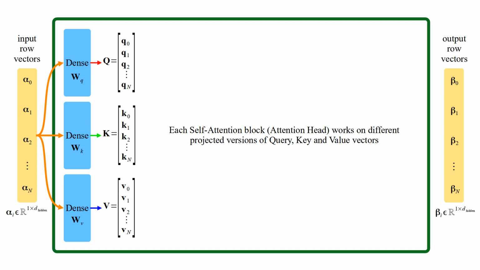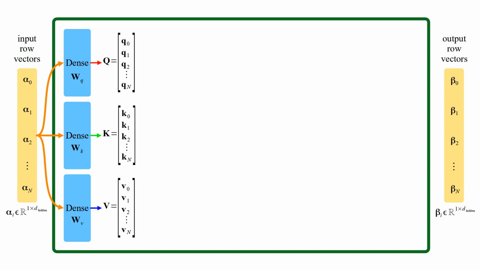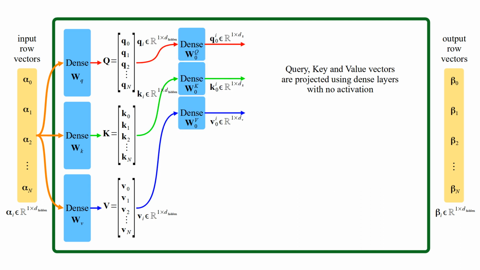Each self-attention block, attention head, works on different projected versions of query, key, and value vectors. Query, key, and value vectors are projected using dense layers with no activation. Dimensions of query, key, and value vectors are reduced.